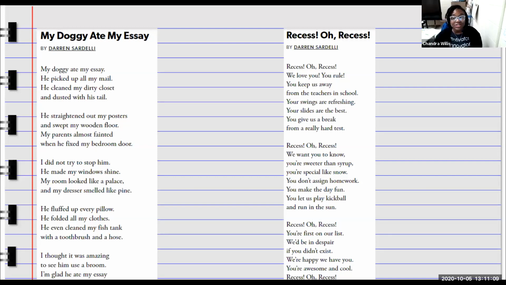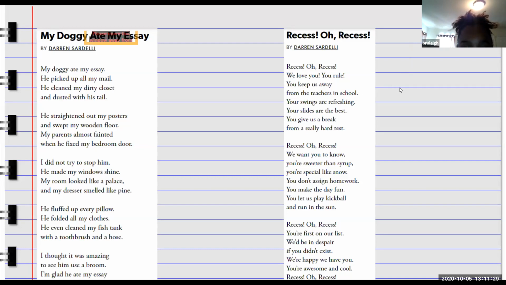So the dog can clean his mess up and he can't. Well, if you listen to the poem, it tells you at the end how the dog knew how to clean. Braylee, how did that dog know how to clean? He knew how to clean because he was a very smart dog and maybe he had magic.